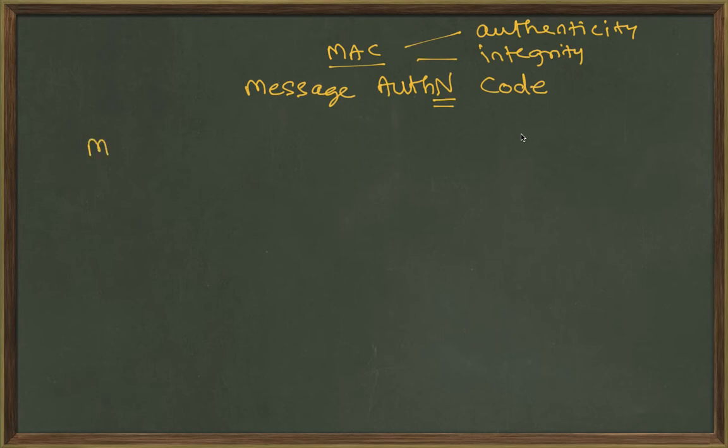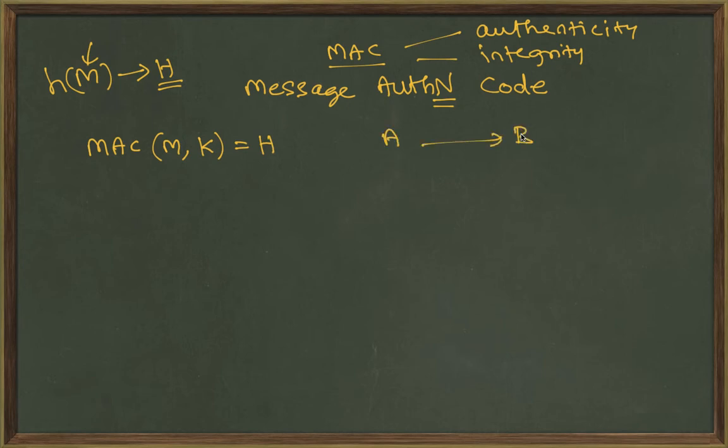In a normal hashing algorithm, to calculate the hash value you only need the message M. Whereas to calculate the MAC, along with M you also need a symmetric key K to produce the corresponding value. So if Alice wants to send a message to Bob, both Alice and Bob know a symmetric key K. Using the symmetric key, Alice can calculate the H value.